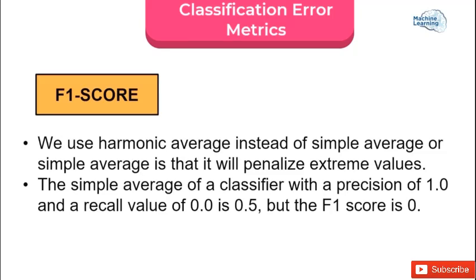But the F1 score, because it's a harmonic average, has precision times recall at the top, which means you get 0 times 1 at the top, and you get an F1 score of 0. So this is really nice because it allows you to punish the extreme differences between precision and recall. So basically it gives you a fair assessment of this trade-off between precision and recall.